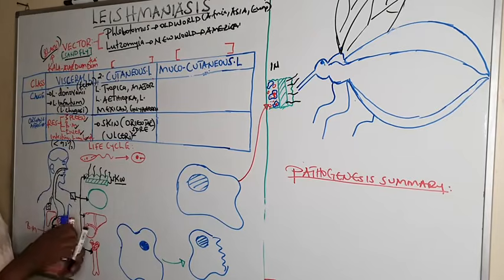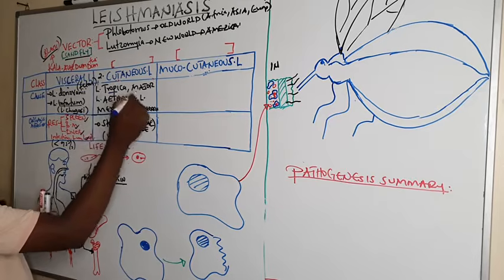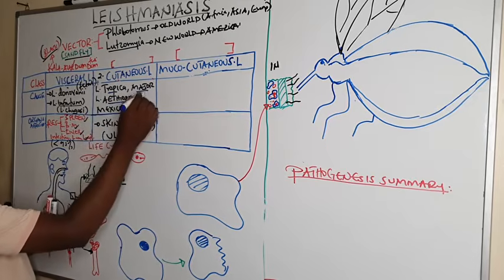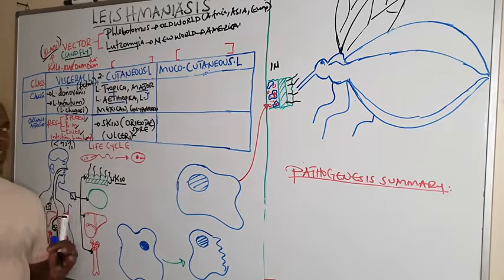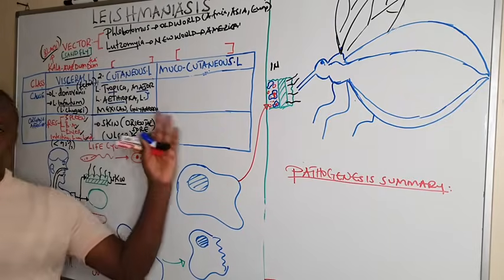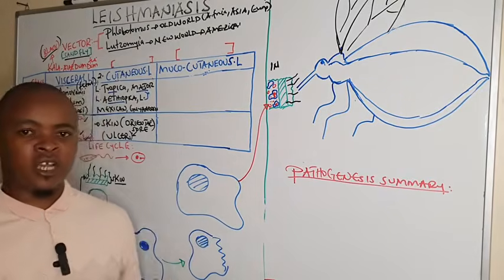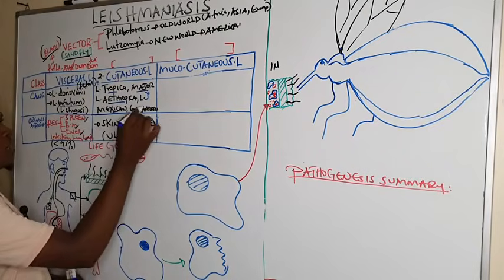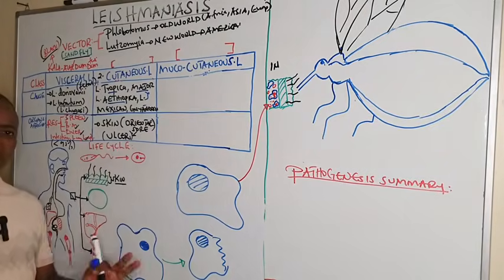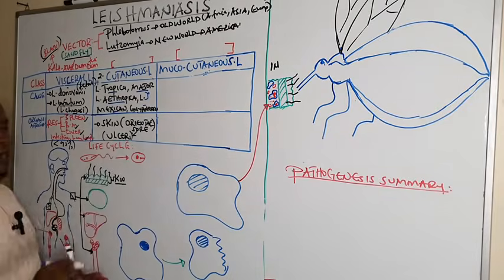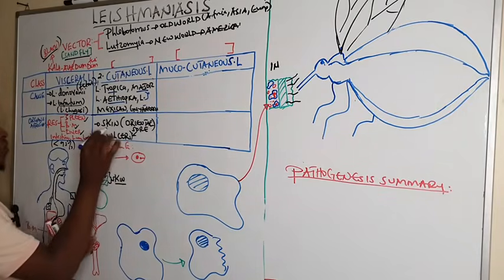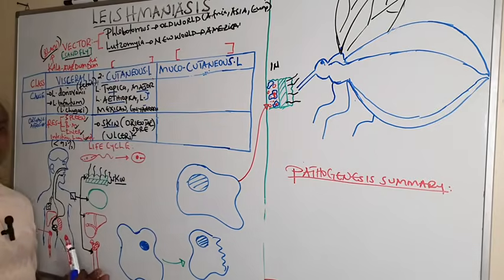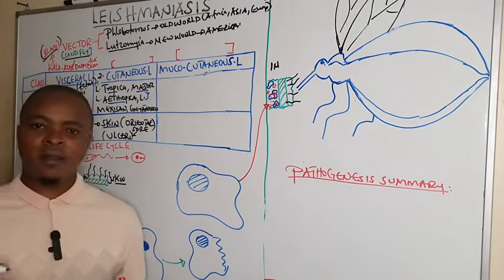The first ones, tropica, major, and ethiopica, are responsible for cutaneous leishmaniasis in the Old World: Africa, Asia, and Europe. Whereas Leishmania mexicana and guyanensis cause it in the New World, and they lead to what we call ulceration of the skin, what we call oriental sore.